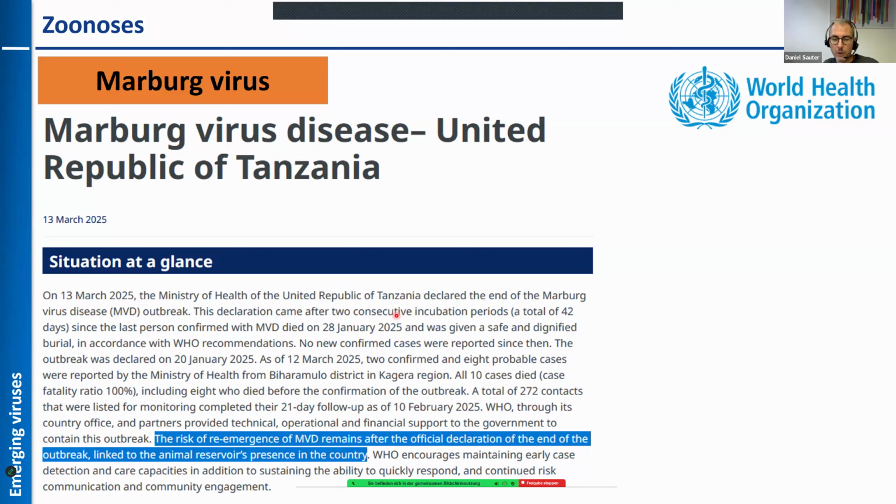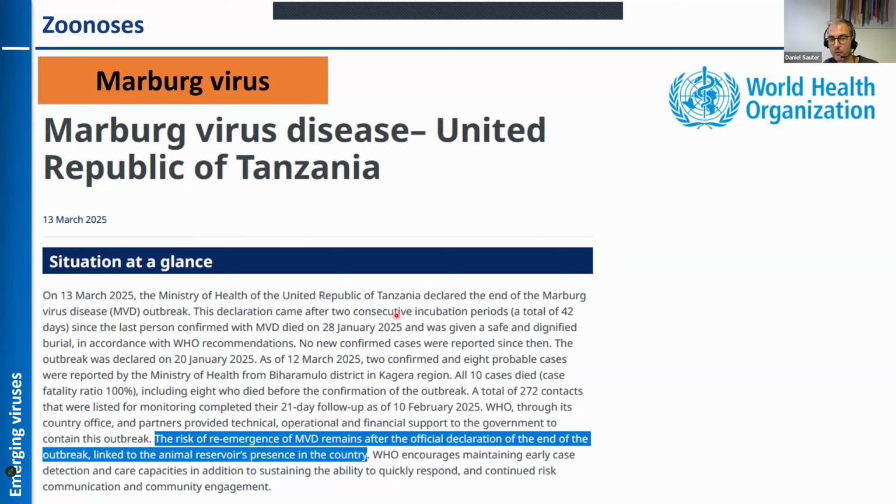So even if you manage to eliminate a virus from the human population, if it's a zoonotic virus, it may continuously spill over and cause new outbreaks. This is different from viruses such as polio, measles or smallpox, which don't have an animal reservoir, because in these cases we may entirely eradicate the virus if we manage to eradicate it in the human population, via vaccination for example.